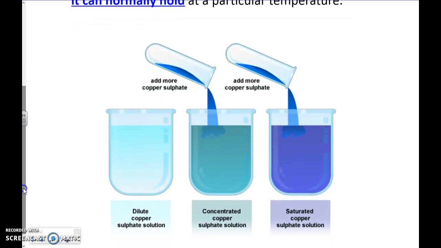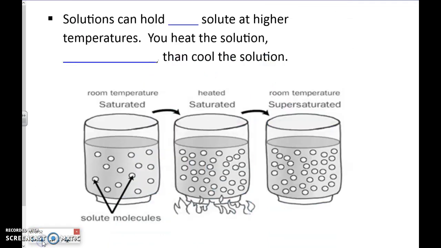You guys didn't have to do it. I've been doing it for you, and this is how I do it and why I do it. So you actually have to heat it up, okay? If you heat them up, a solution can hold more solute. At higher temperatures, there's more movement, so more can be dissolved, okay?